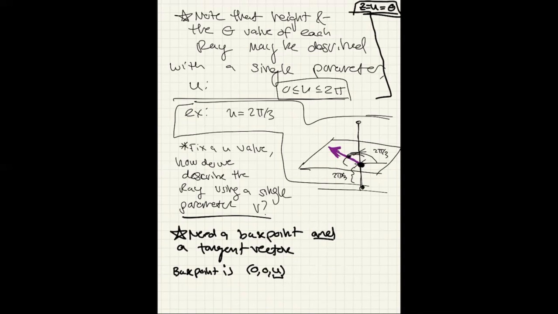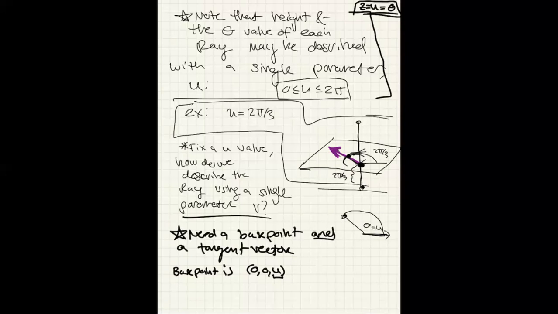I'm starting at that central point, that origin in that horizontal plane, and displacing to a point on the unit circle. That point on the unit circle is characterized by its angle, and that angle from the positive x-axis is also equal to u.